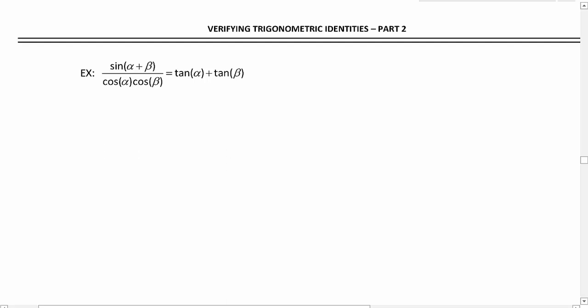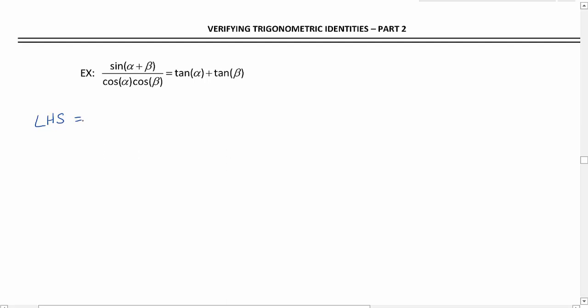So let's start with our left-hand side, and we need to figure out how to get multiple terms out of that numerator. We also need to get from an argument of alpha plus beta to arguments of just alpha and beta. So we want to use our sine sum formula.